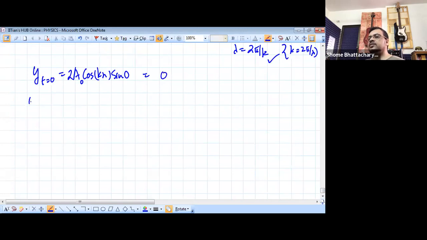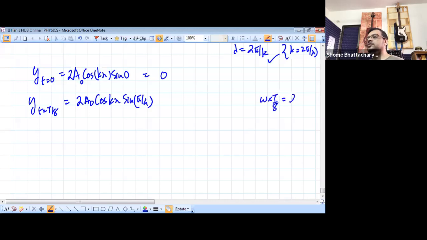Suppose we want to look at the snapshot at t equal to 1/8 of the time period. So this becomes 2a naught cos kx sine pi by 4, because omega into T by 8 is 2 pi by T into T by 8. So that is pi by 4 or 45 degrees.